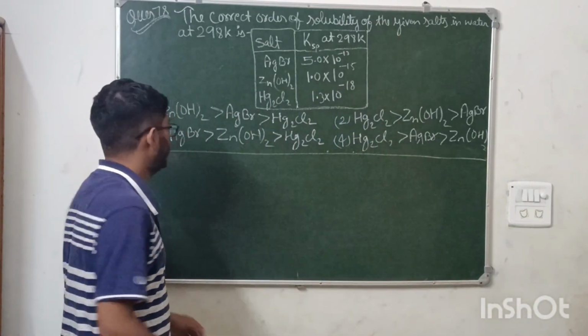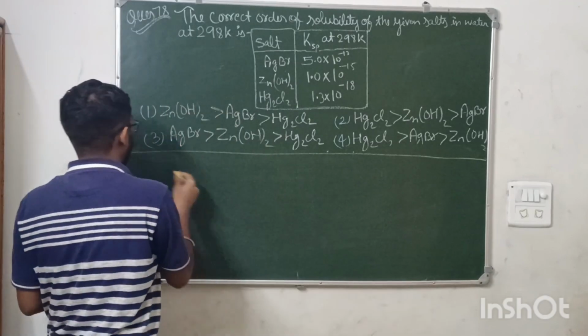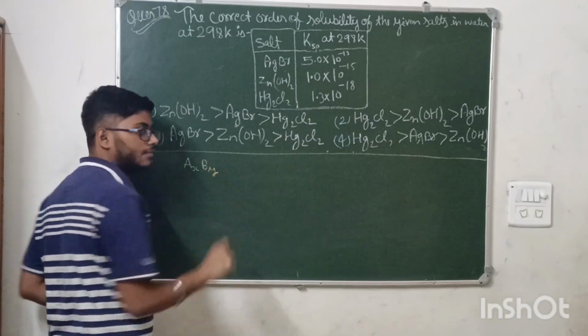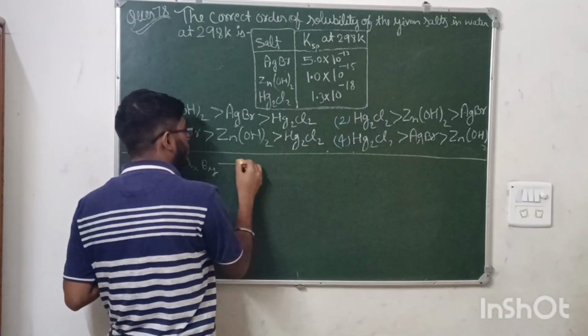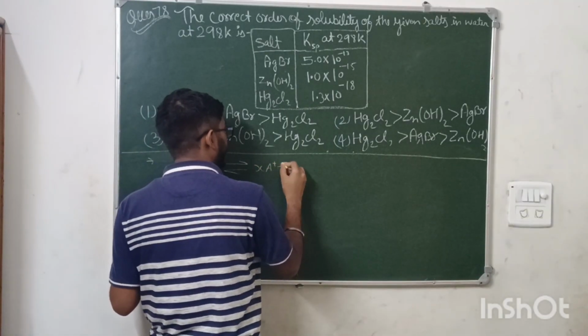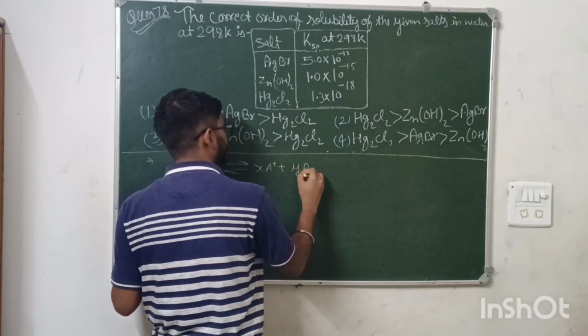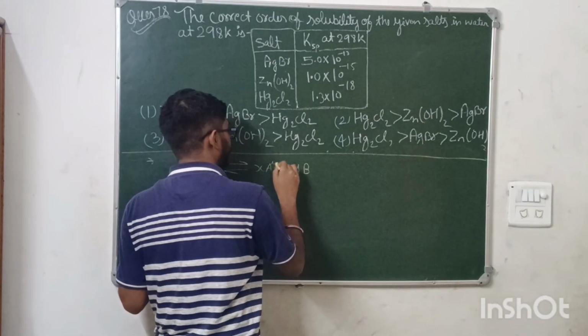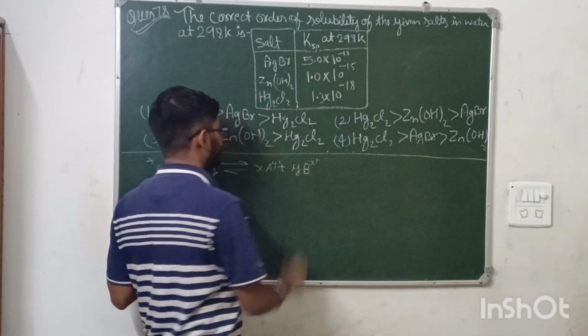So first of all, let me tell you how to write KSP. If any salt is given as AxBy, it will dissociate into x A^y+ and y B^x-.